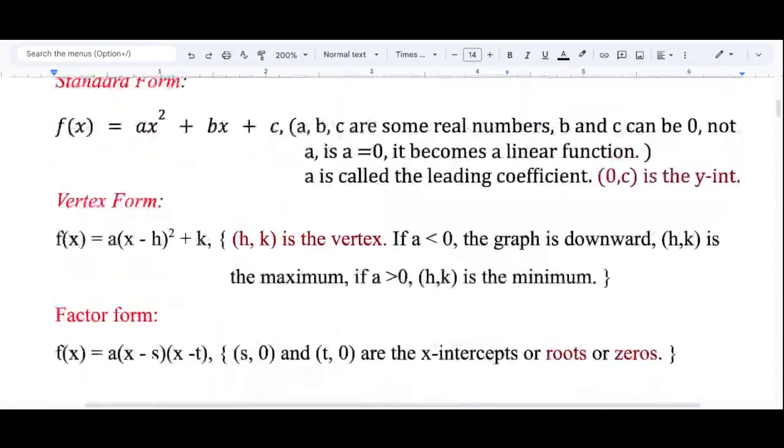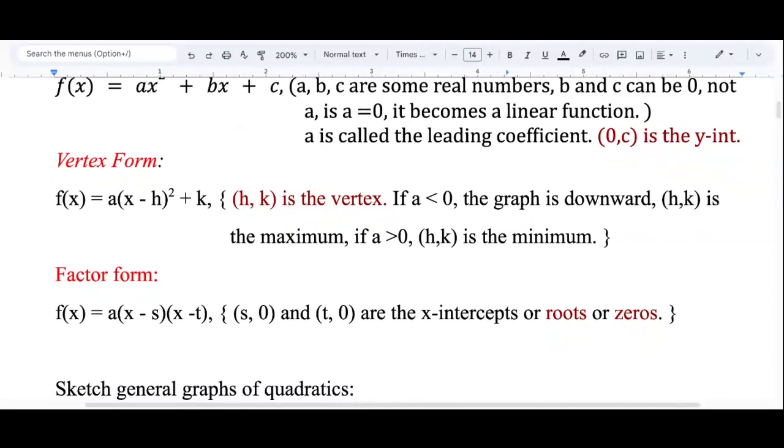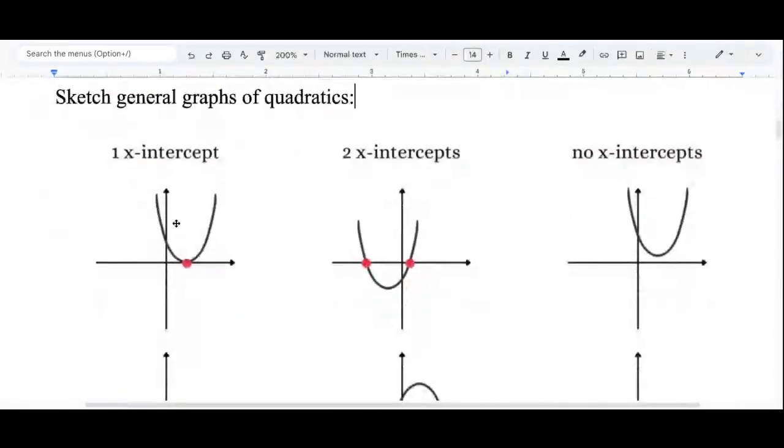Anyone has any questions? You see here we have an upward parabola, and this will only have one x-intercept, or one root. Right?